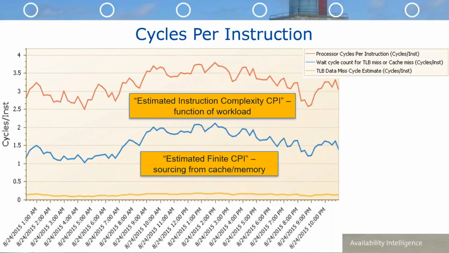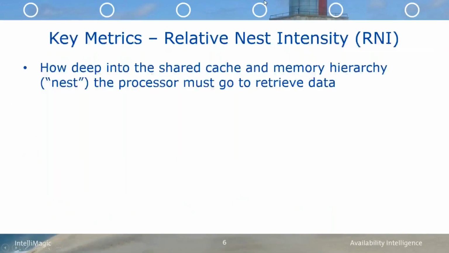So this chart represents one of the primary takeaways of this entire webinar. These waiting on cache cycles represent a very significant portion of the overall CPI, typically ranging from 1/3 to, in some cases, more than half of total CPU consumption on Z13 processors. So that establishes the magnitude of the potential opportunity if improvements in processor cache efficiency can be achieved.